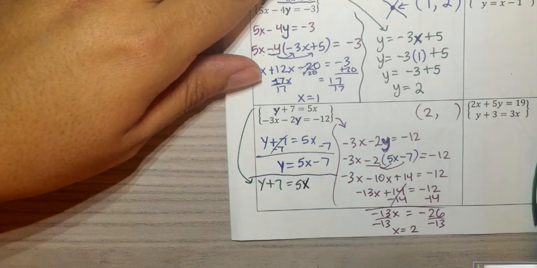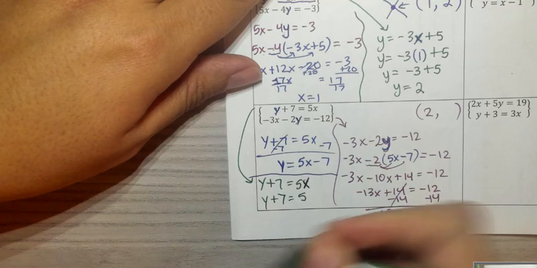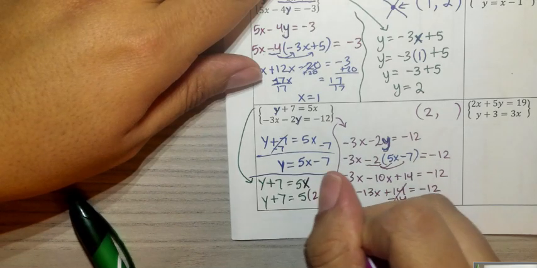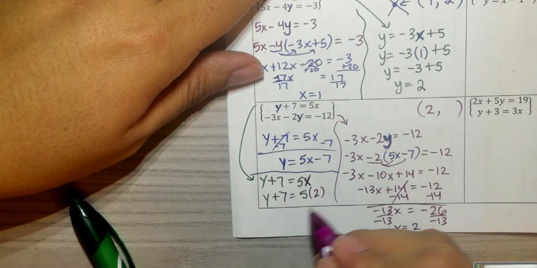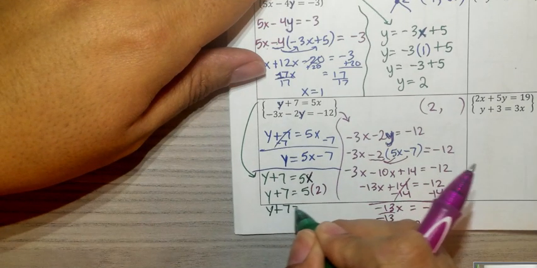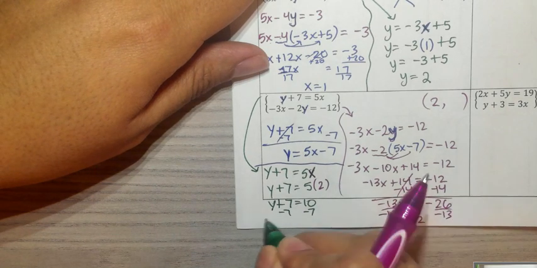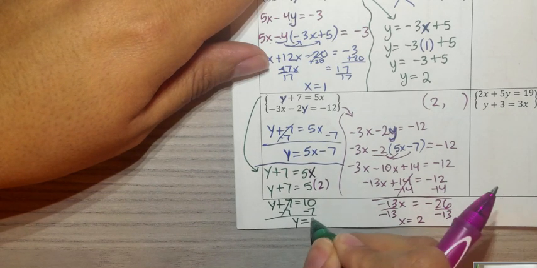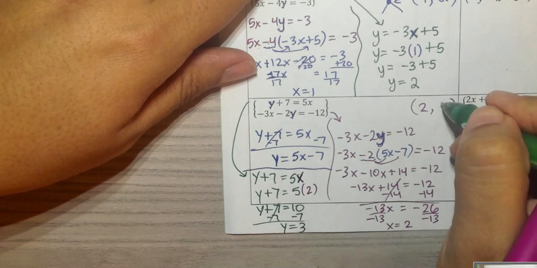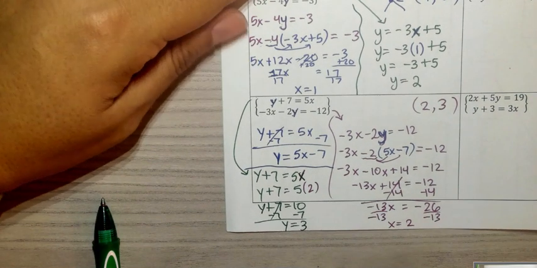So y plus 7 equals 5 times 2. And we solve. So y plus 7 equals 10. And then we subtract 7, and y equals 3. So the solution has a 3 as the y value.